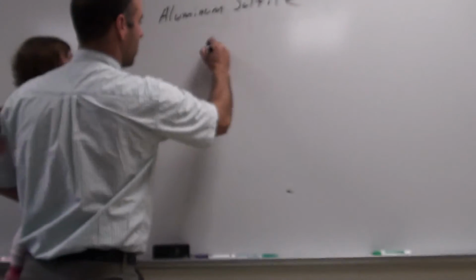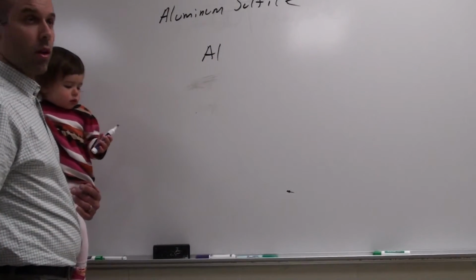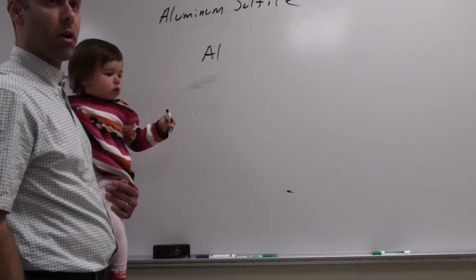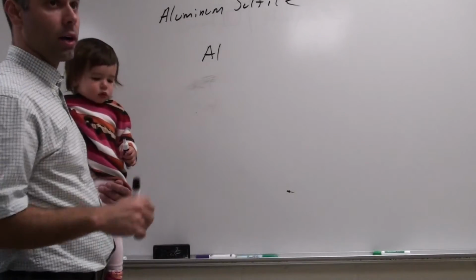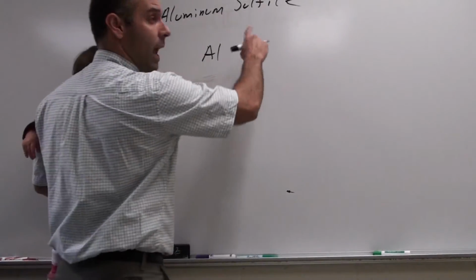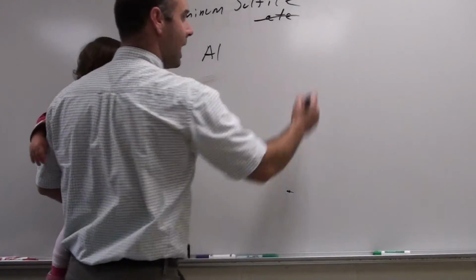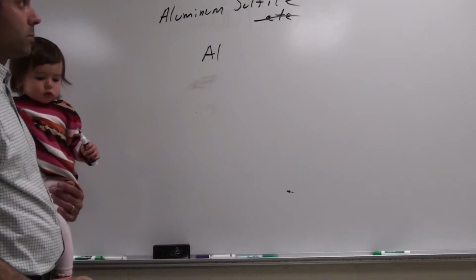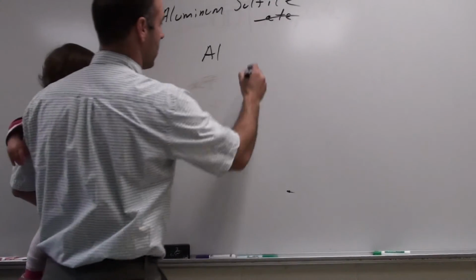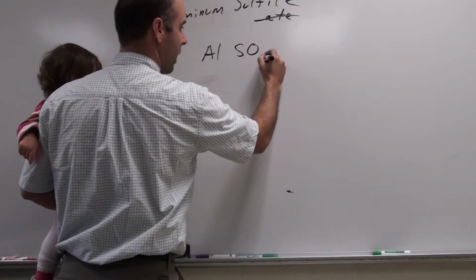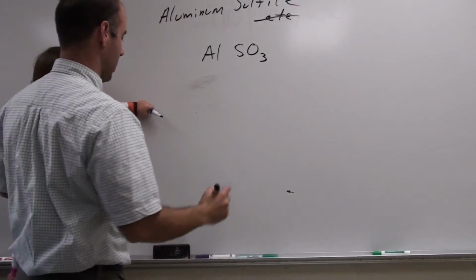The symbol for aluminum is Al. Now sulfur is part of the gang of 4. It wants 4 oxygens. If it had 4 oxygens, the ending would be -ate. But the ending is not -ate, the ending is -ite, which means it has 1 less oxygen. So instead of SO4, it becomes SO3.